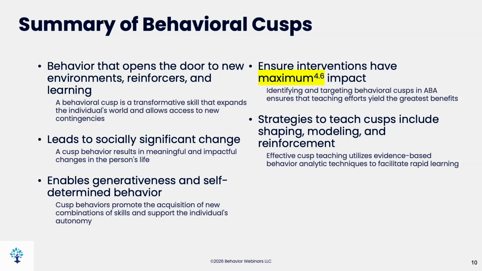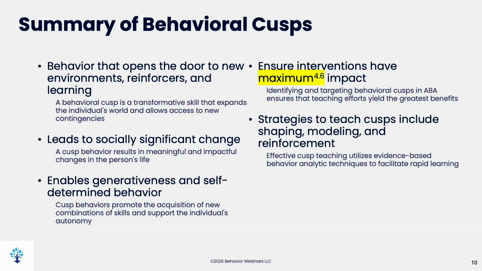So, summary, this is a behavior that will open a door to a new environment, reinforcers, and learning. The behavior cusp is a transformative skill that expands the individual's world and allows access to new contingencies. It leads to socially significant change. A behavior will result in meaningful changes in the person's life.